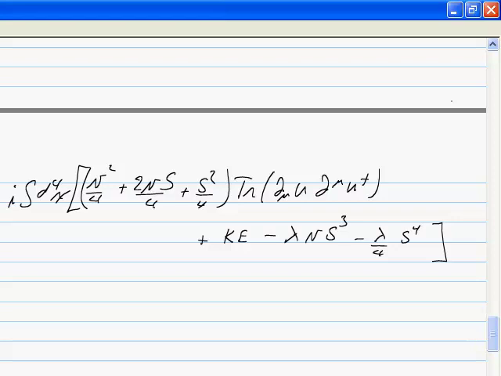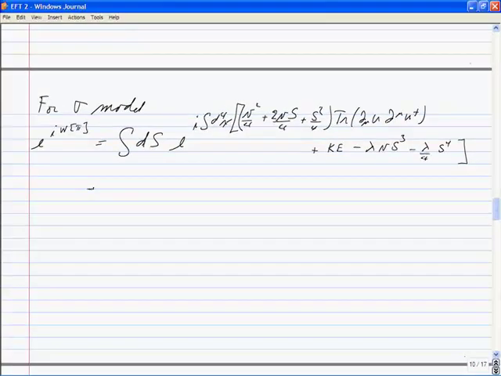Okay. So one of these pieces, of course, is what we just found. If I pull this first term out, it doesn't depend on s, so it goes outside there. So there's an e to the i integral d^4x, v squared over 4, trace d mu U dagger.